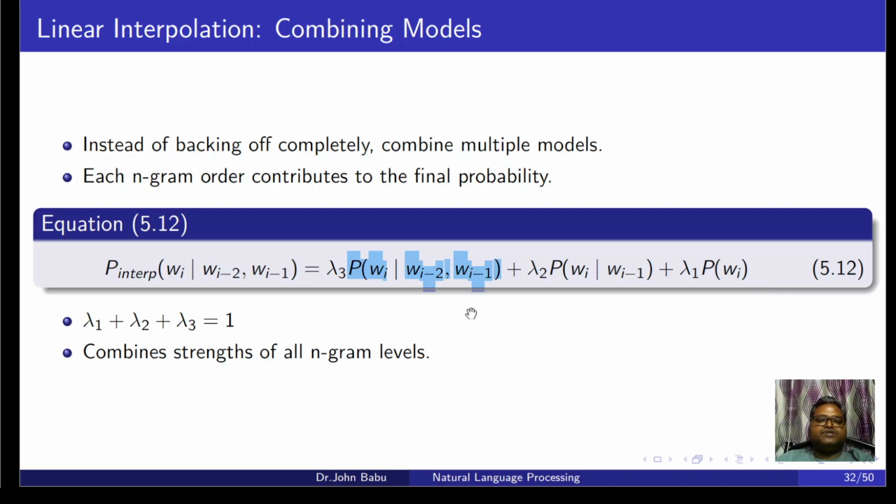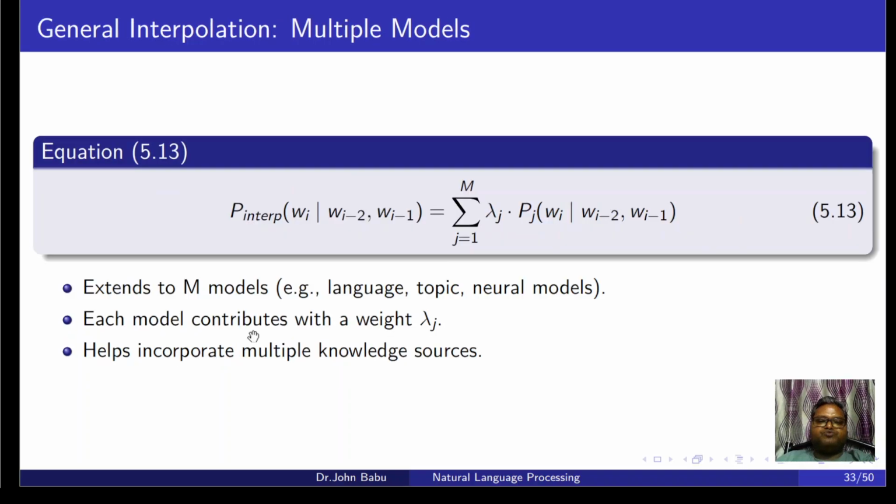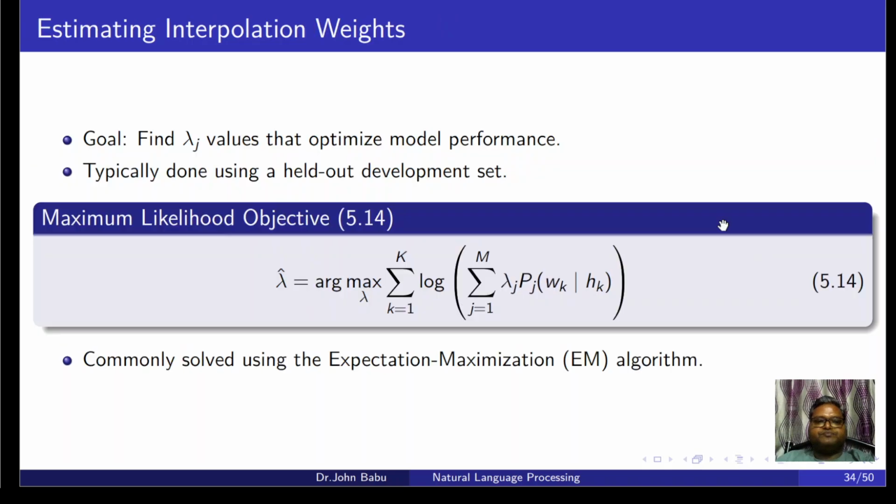Lambda 1, lambda 2, and lambda 3 should sum to 1. So the probability is the sum over j of lambda j times the probability of the trigram, bigram, and unigram.